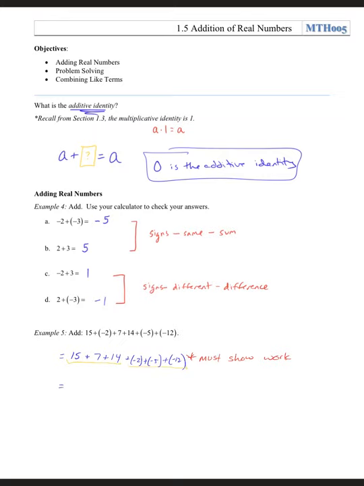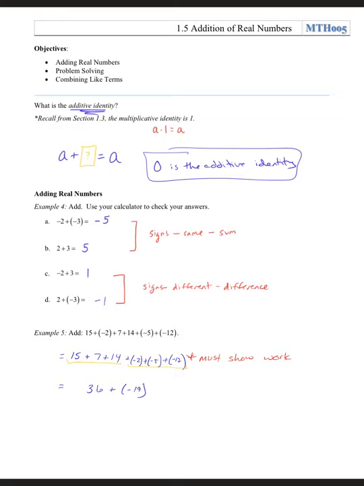Again, remember, as long as they have the same sign, you can find the sum of these. The 14, the 15, and the 7 all have the same signs. So we take 15 plus 7 plus 14, and we get 36. Now we can add all these negative numbers. So -2 plus a -5 plus a -12. And when we do that, we get a -19.